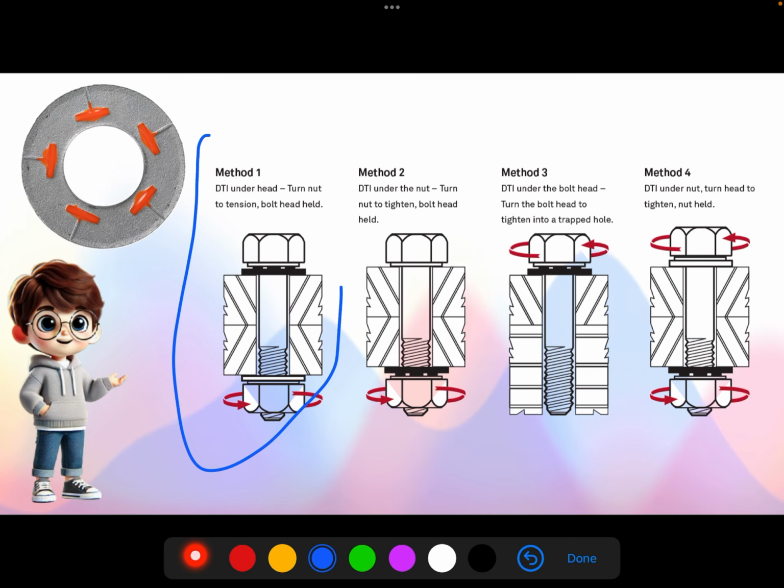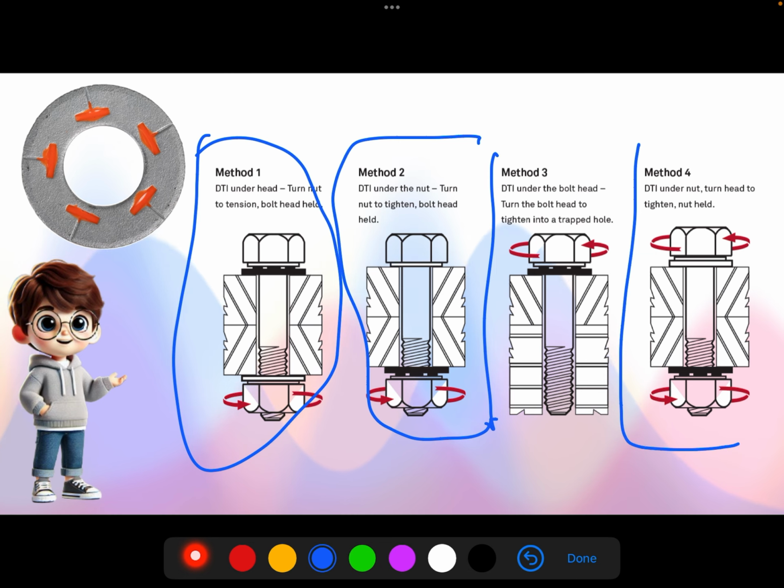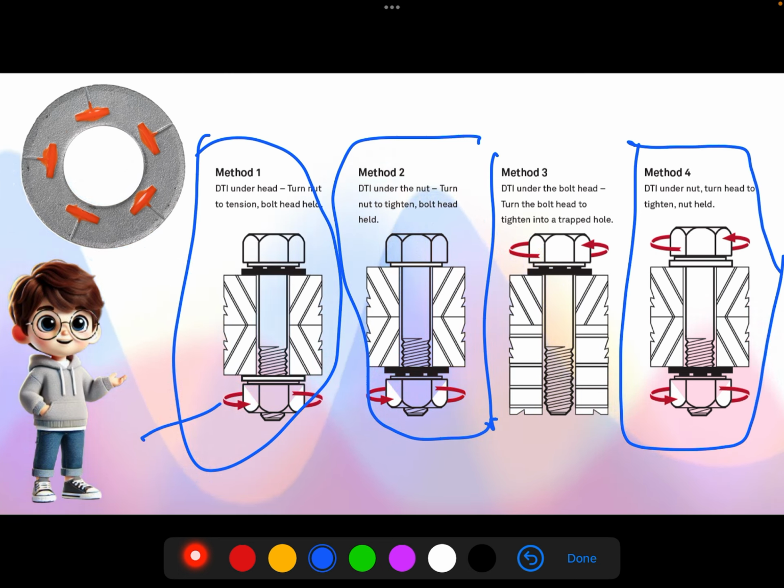Based on that, we have divided 3 combinations. One is when you are tightening the nut, below the nut there will be a standard washer and DTA washer will be on head side of the bolt. Okay, that is one condition.